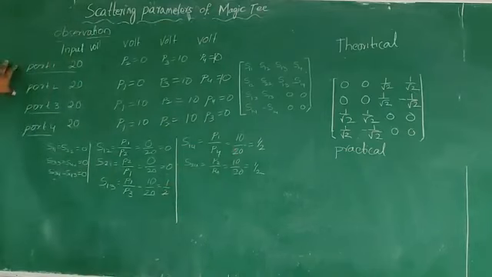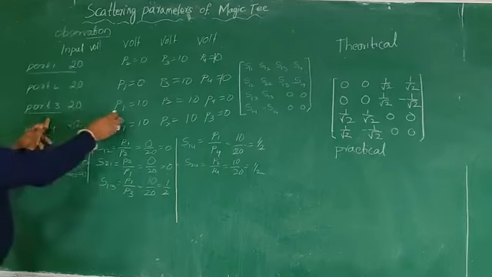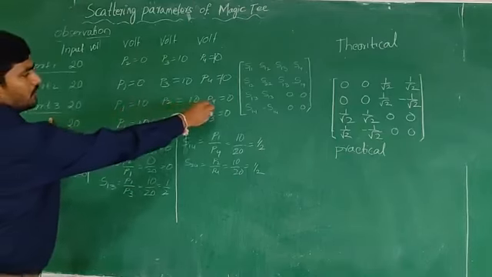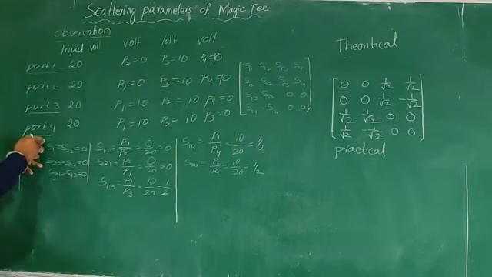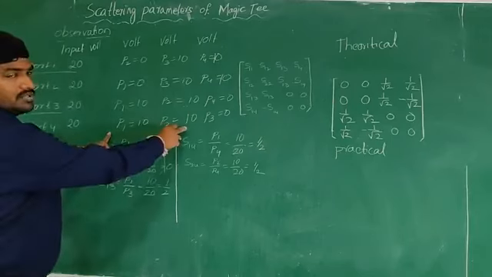As we compared with the earlier class, we observed that when we connect the microwave source to port 3, the power will be equally divided between P1 and P2, and P4 is equal to 0. Similarly, when connected to port 4, we got P1 equal to 10 and P2 equal to 10.